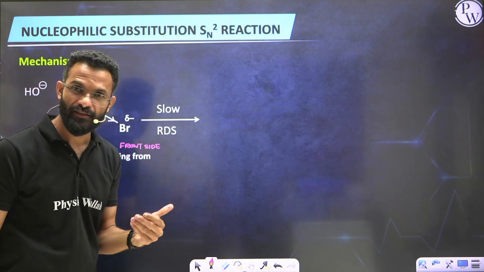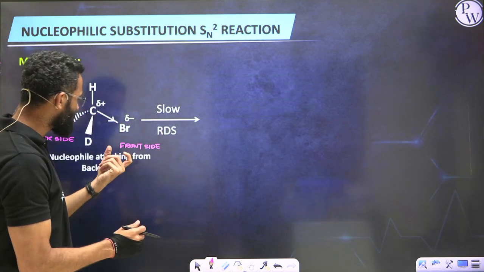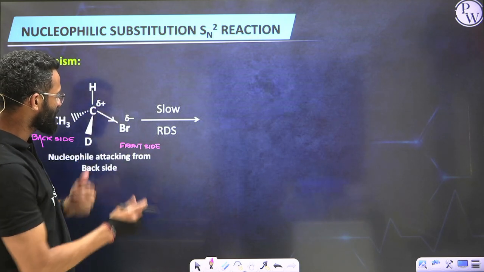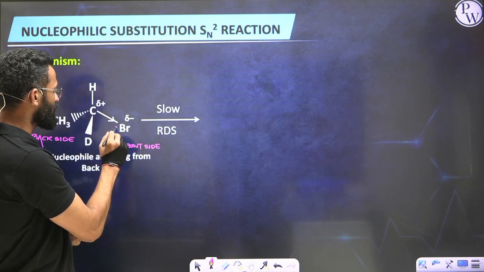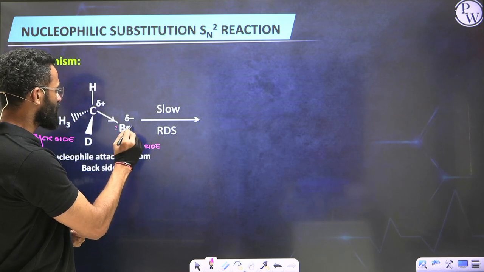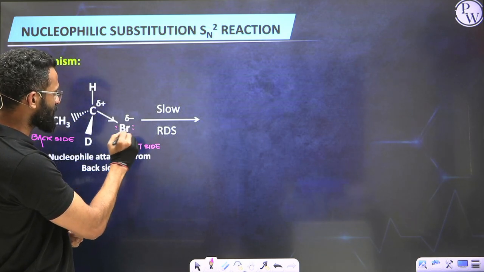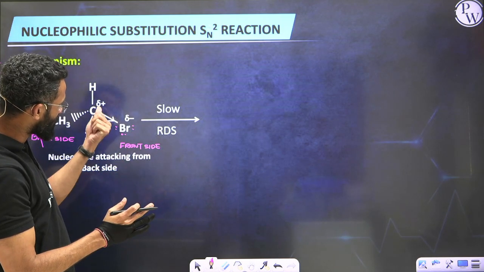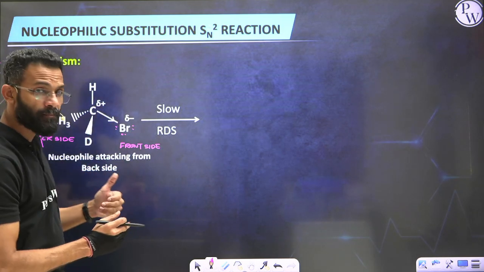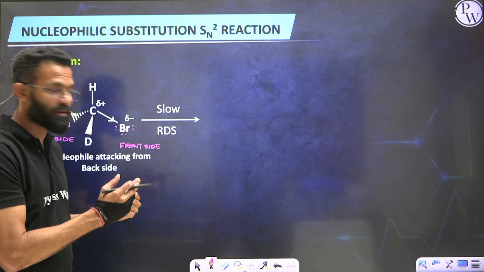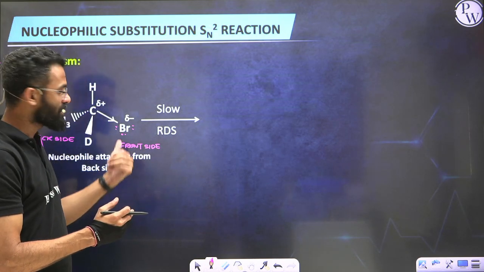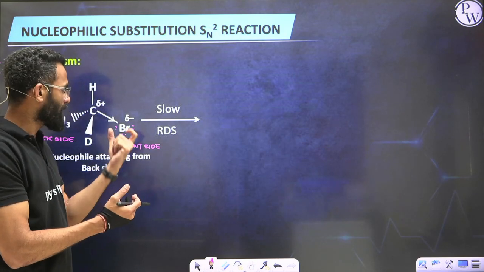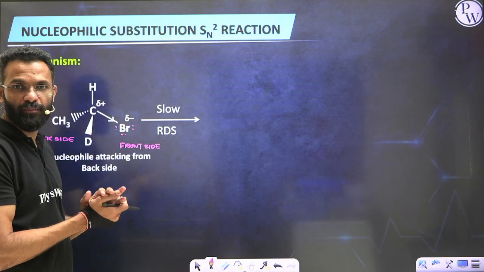And why so? Imagine when OH minus ions are approaching at this deficient carbon atom from the front side, where there is already electronegative atom carrying 3 lone pair is present. So when the OH minus will try to approach the deficient carbon from the front side, it will firstly experience inter-electronic repulsion because nucleophile themselves are electron rich and the leaving group is also carrying 3 lone pair.